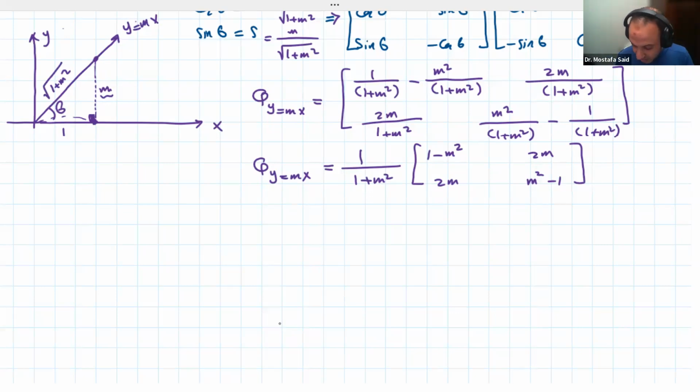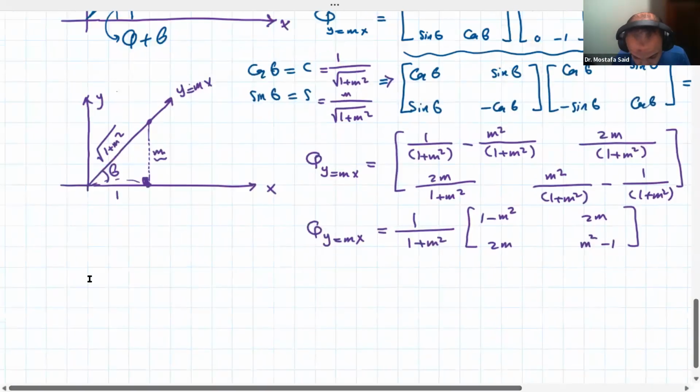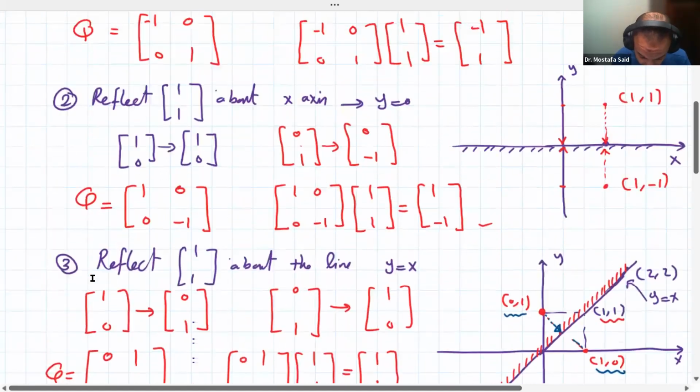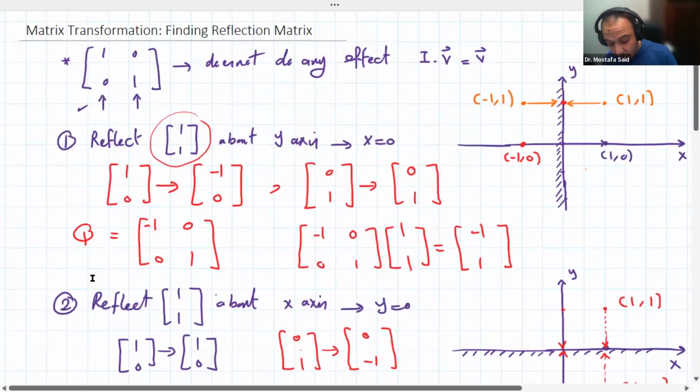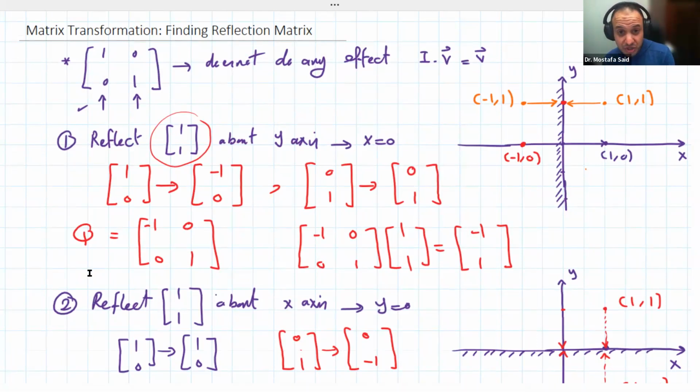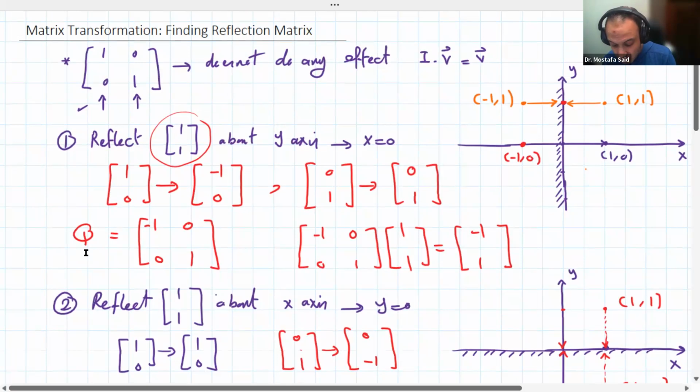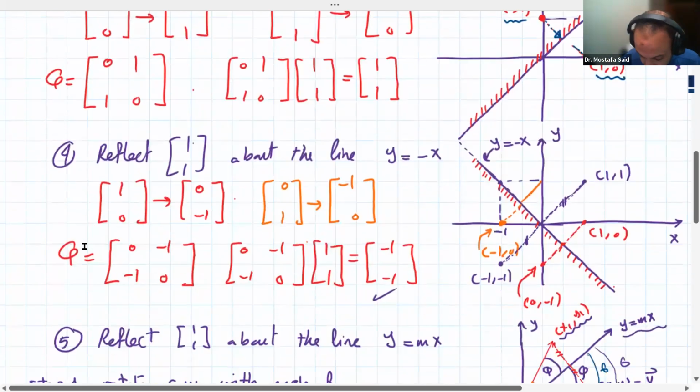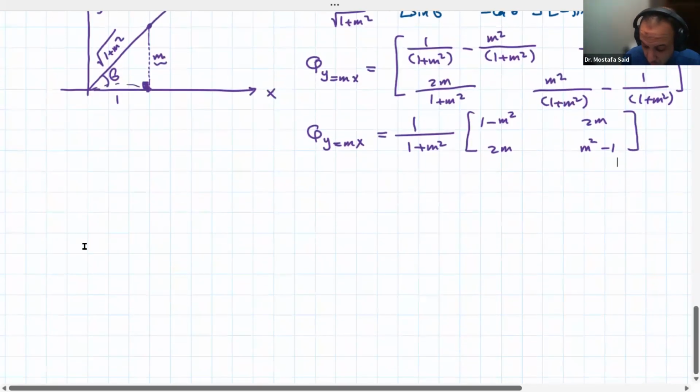Okay, so let's start with the first case. The first case that we studied here, number one, is basically reflect about the y-axis, which is equal to x equal to 0. So the y-axis has a slope equal to infinity. Of course, we cannot substitute infinity directly into that equation. We have to do a limit.